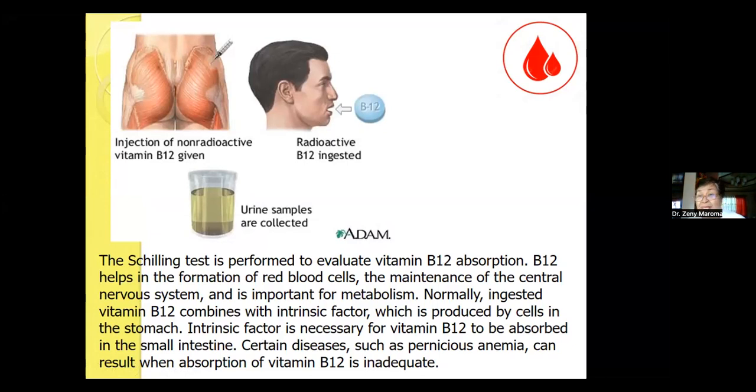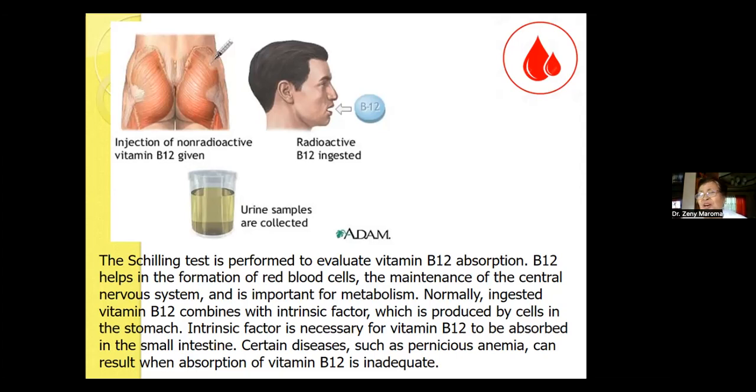Ang vitamin B12, pinainom. Tapos, bibigyan ng injection, B12, to push the radioactive B12 in the urine. Collect 24-hour urine. The urine is negative for vitamin B12.